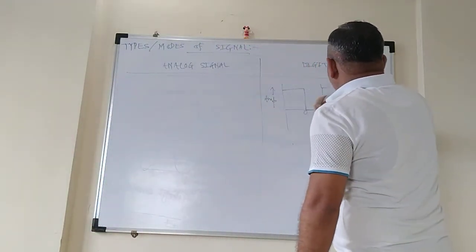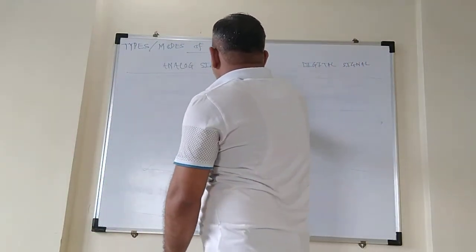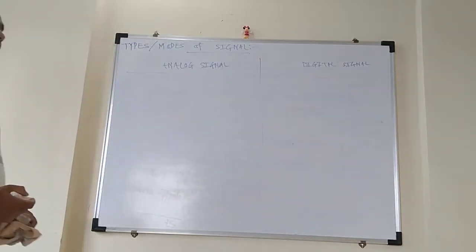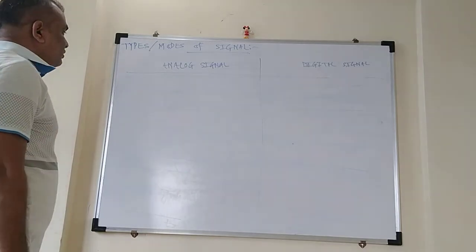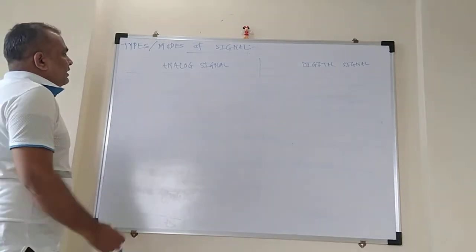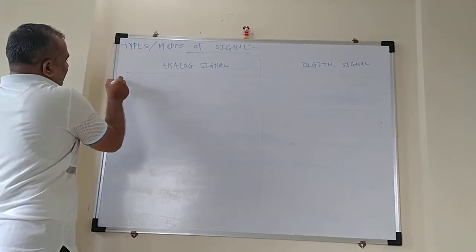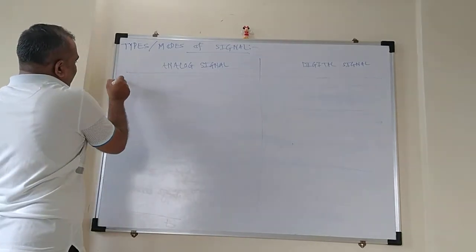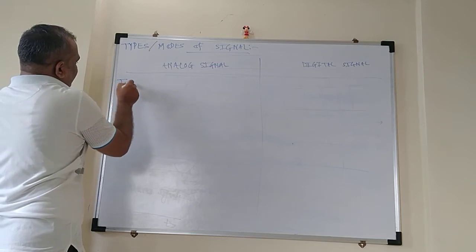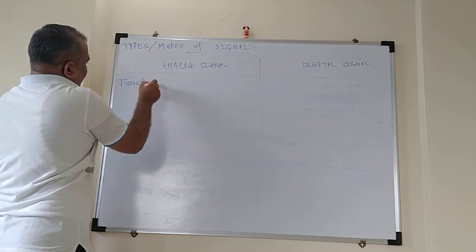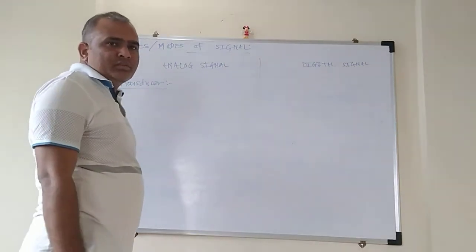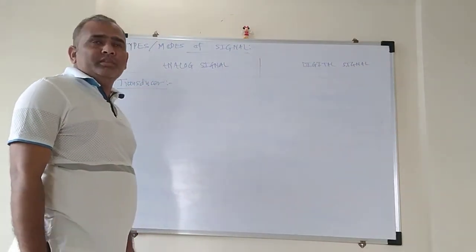What kind of sensing device is required to measure or identify the signals? The device that we use to sense the signal is called a sensing device or sensing element. That has a particular name, and the name of that sensing element is a transducer. What is this transducer? You have been studying transducers, so you know this definition.